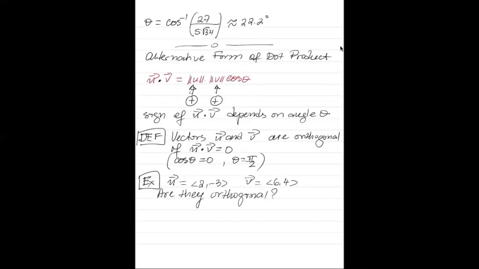All we have to do is calculate the dot product. So 2, -3, dot product with 6, 4. We multiply 2 times 6, 12, minus 12, it is 0. So if the dot product is 0, then they are. Yes, they are orthogonal. And that is the end of the lecture.